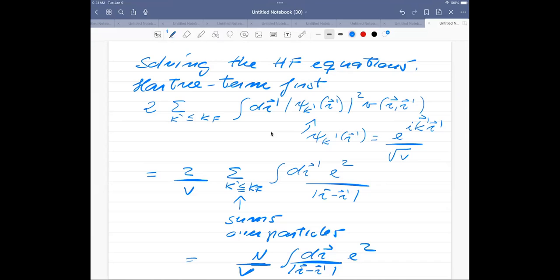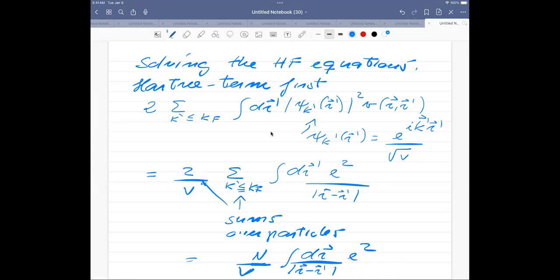Because this 2 which I have are the spin degrees of freedom. Remember that. So this one plus that one, yeah, that comes from the Coulomb interaction. So it's 2 charges, right? So it has an e squared.